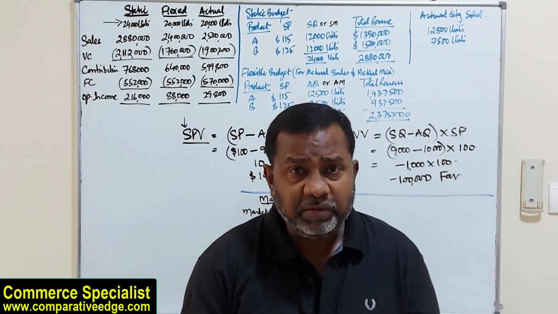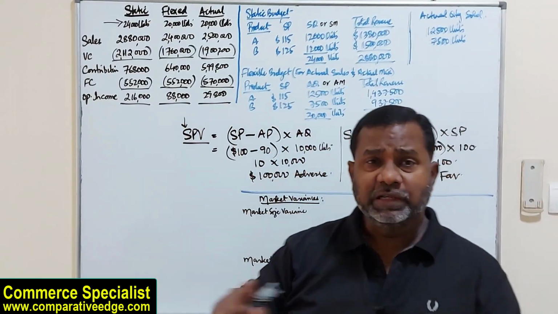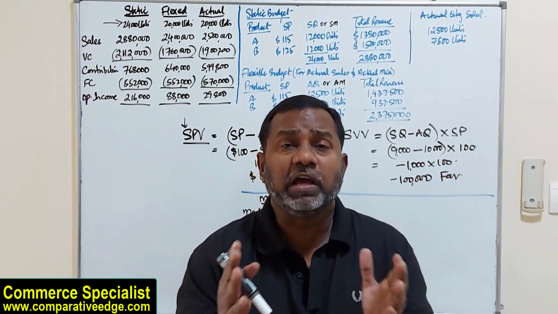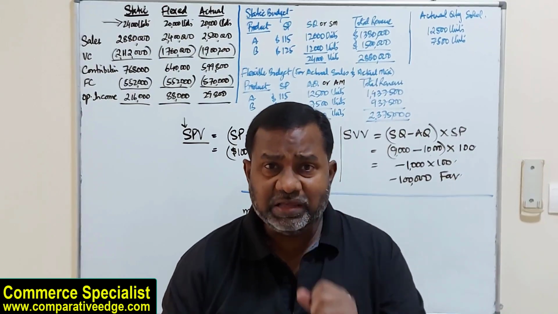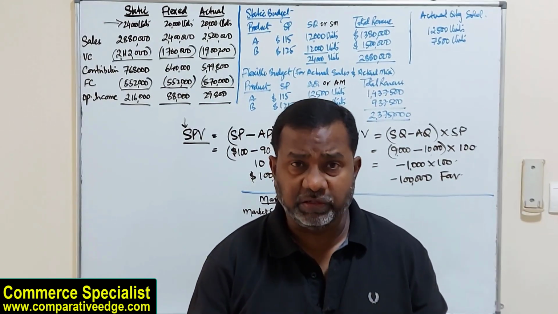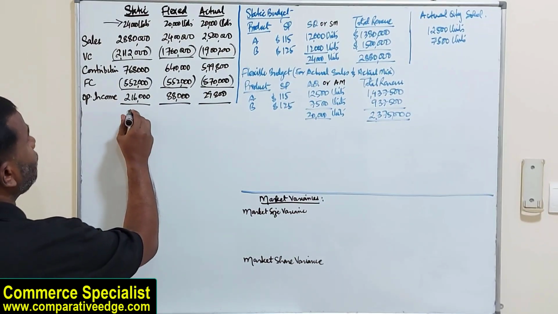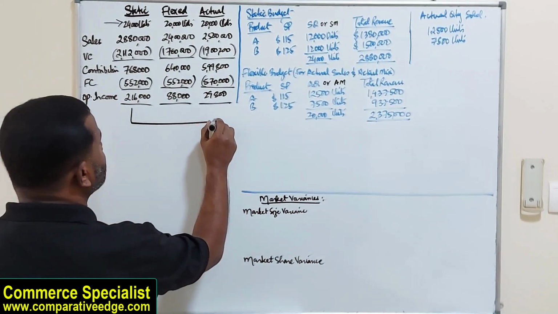Now there is a possibility, if you have these three pieces of information, static, flex and actual, you may be asked to calculate 3 different types of variances. Number 1 is total static budget variance. In order to calculate total static budget variance, you compare these two.